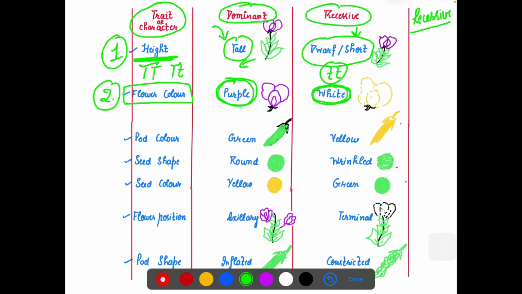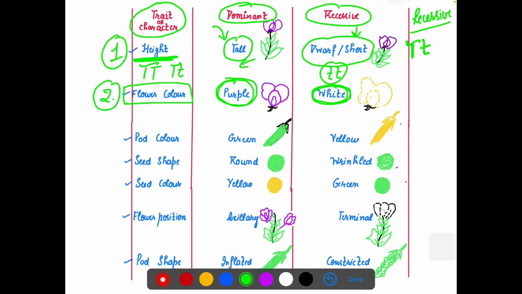So now what is the help? When I am saying tall is dominant, I will write it with the capital T. When I am saying the other plant is short, I will write it with the small t. Always you have to take the letters for the dominant ones.